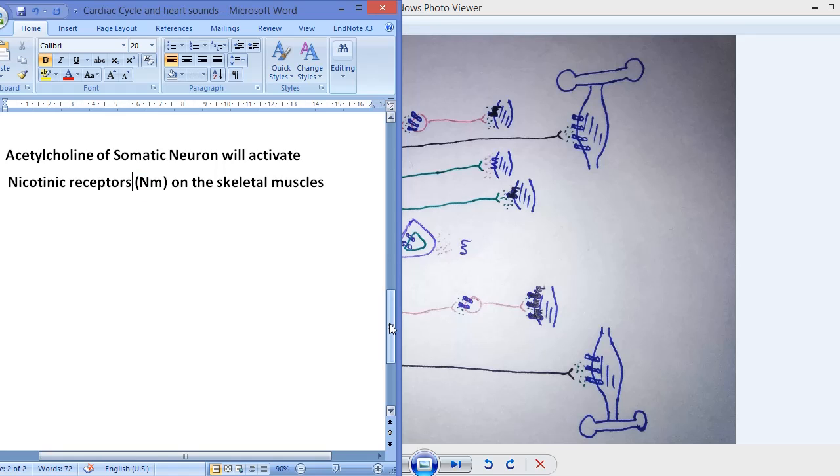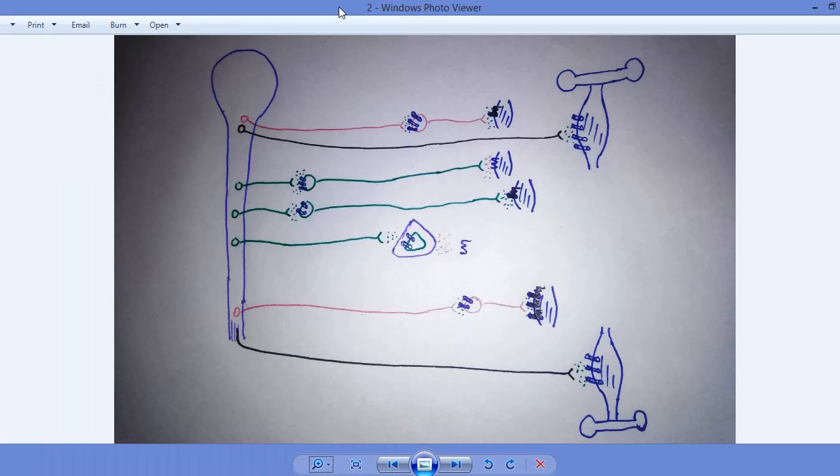So the type of nicotinic receptor which is present on the skeletal muscle is called the NM nicotinic receptor. This is very important. You should learn about this for your pharmacology. Over here you can also see that the NM nicotinic receptors are present, activated by the acetylcholine.